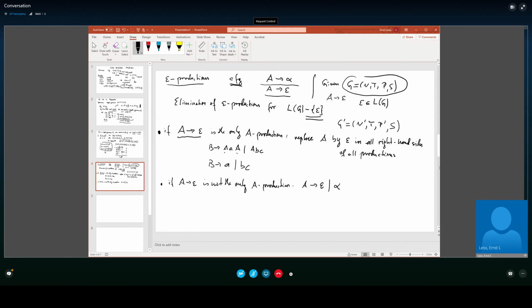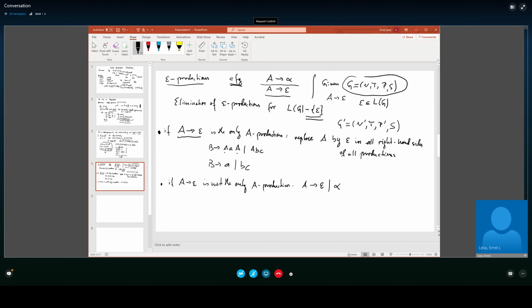There's at least one other, and whether there's 1 or 59 doesn't make any difference. The issue is it's not the only A production. In that case, we have to systematically replace or not replace that A by epsilon on the right-hand sides.